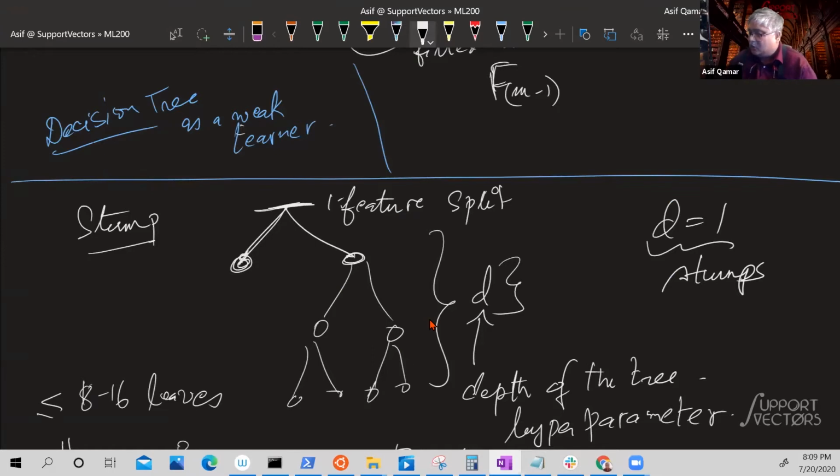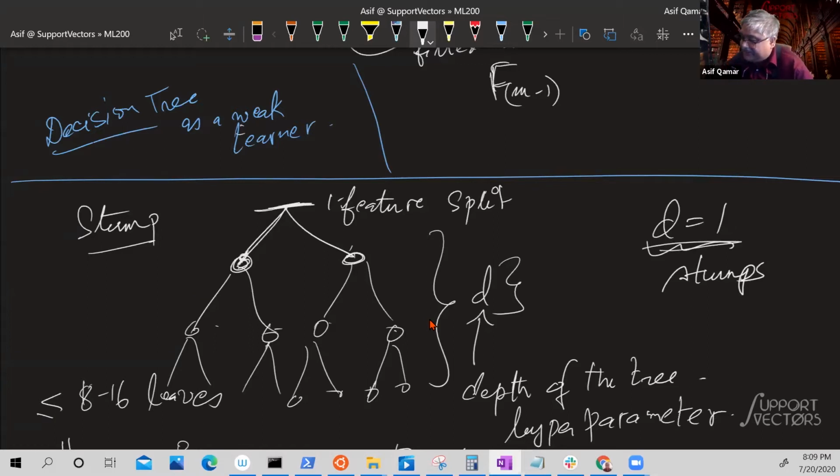Suppose I say, don't go more than depth 3. So how many possible predictors can you have? If I can only go to depth 1, 2, 3, you realize that I can have at most 6 predictors. Even if I have 100 features, I can just pick 6. And so in effect, you're choosing a feature subspace.